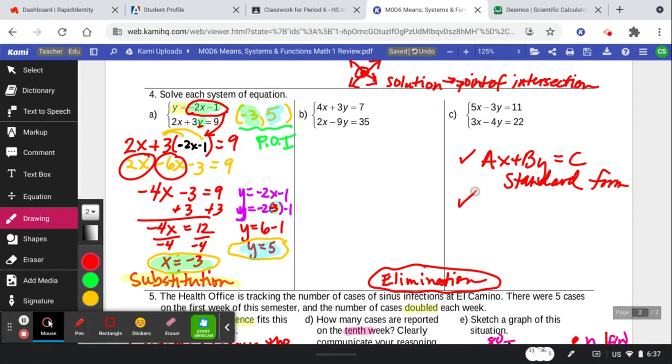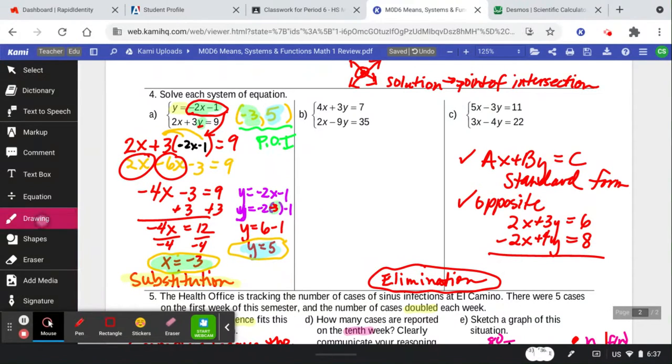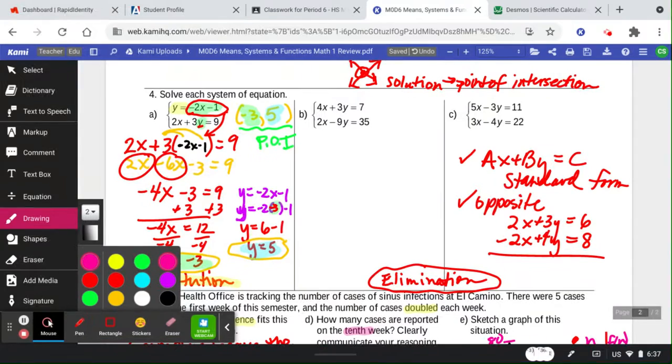The second part is we need opposites in order to eliminate one variable. What's an opposite? If I had my first equation of 2x plus 3y equals 6, and I had my second equation as negative 2x plus 4y equals 8, do you see how the 2x on top and the negative 2x on the bottom could easily be eliminated?